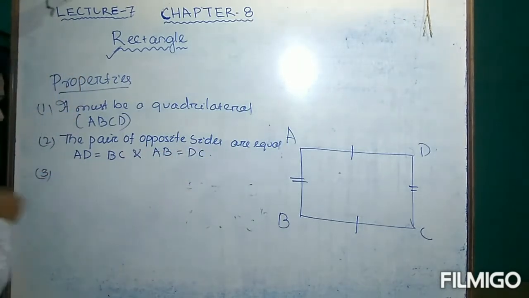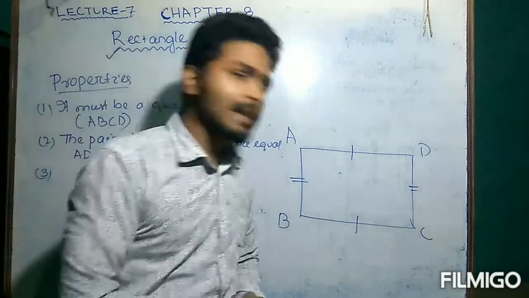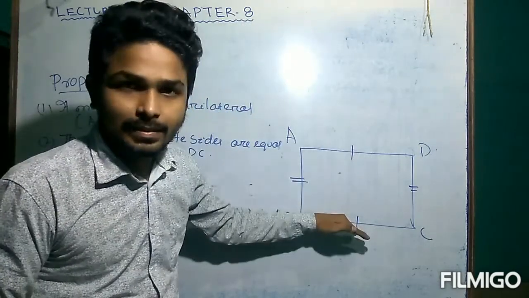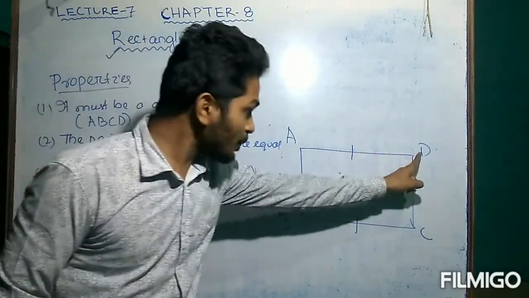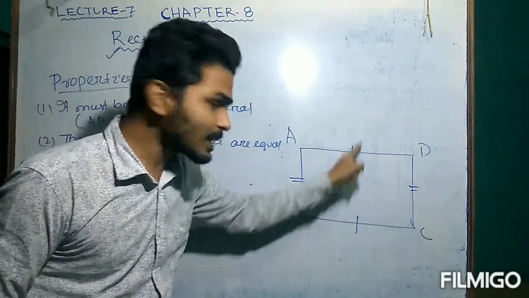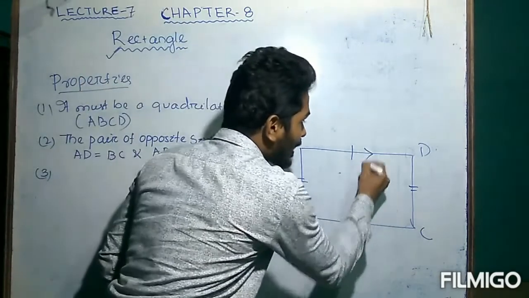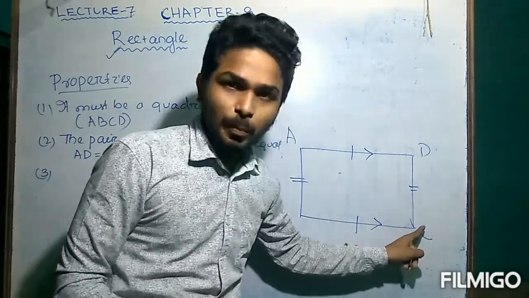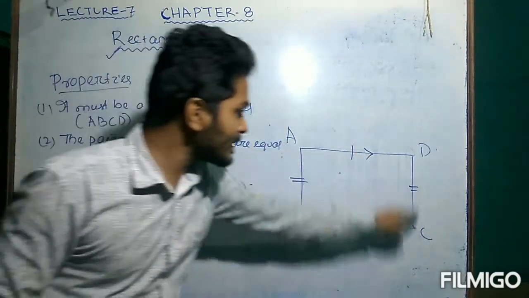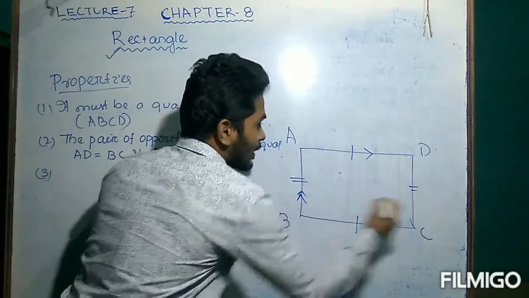Clear? Next, the third property. The third property states that the opposite sides are also parallel to each other. AD and BC are opposite sides, so these two sides are parallel. Similarly, AB and DC are also opposite, so AB and DC are also parallel.